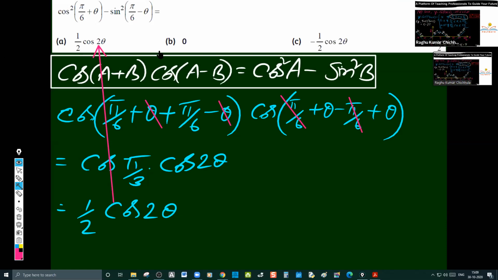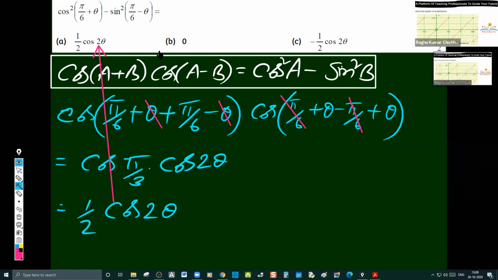But it is your choice because you are grown up. I need not give any punishments or imposition. You have to understand how to remember. That is why, for your purpose, I wrote the formula also: cos of A plus B into cos of A minus B is equal to cos square A minus sin square B. I asked you to keep the list of formulas along with you.